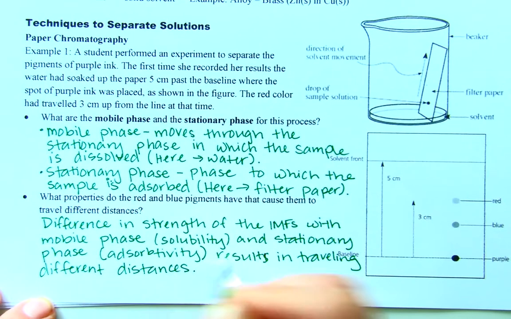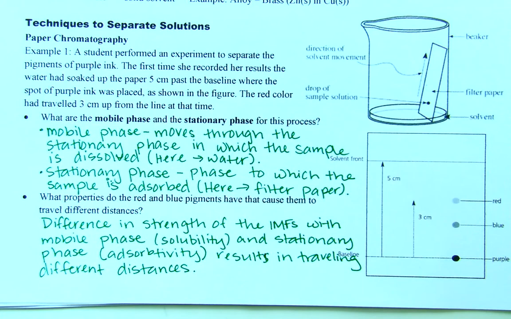So again, the red travels further because it has stronger interactions, stronger intermolecular forces with the solvent than with the paper.